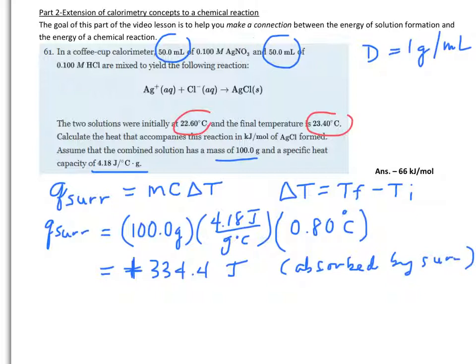This means that the chemical reaction must have given that heat off. The chemical reaction itself is exothermic. More energy was released when the new bonds formed as compared to the amount absorbed when the old bonds broke.